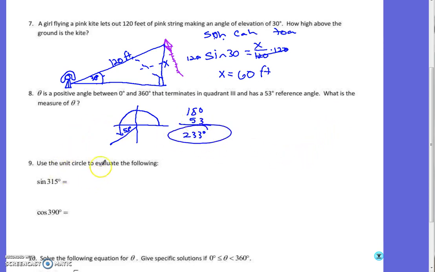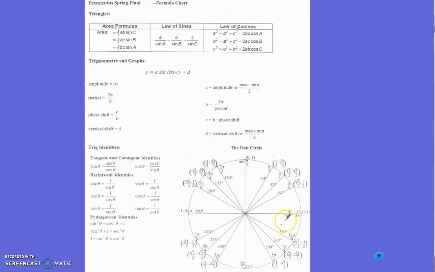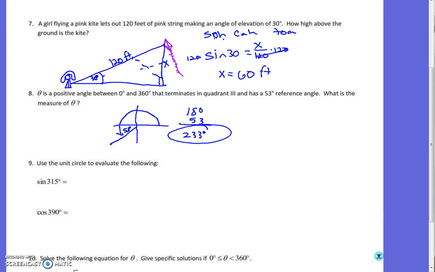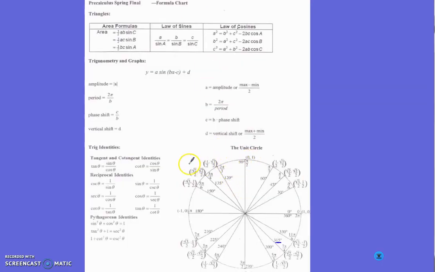For number 9, it says use the unit circle to evaluate the following. 315 degrees. So if we pull out our unit circle on this formula chart here, 315 degrees is right there. And we're trying to find the sine of that. So sine, if you remember in these ordered pairs for the unit circle, the x deals with cosine, and the y was the sine.